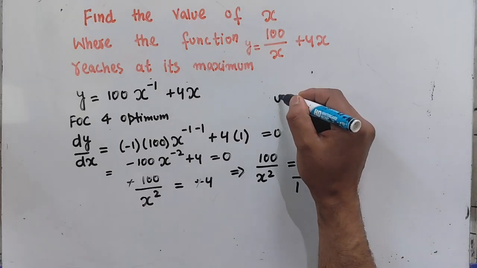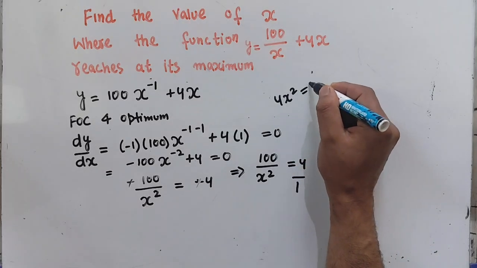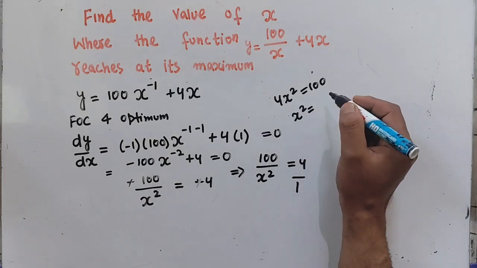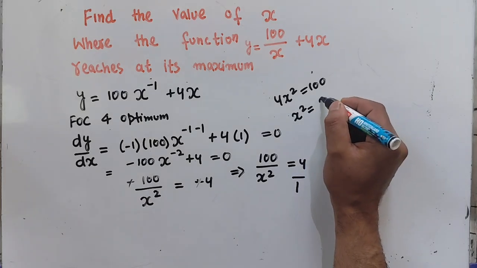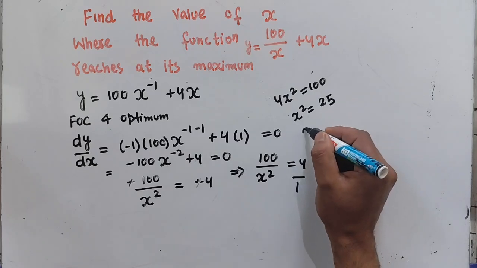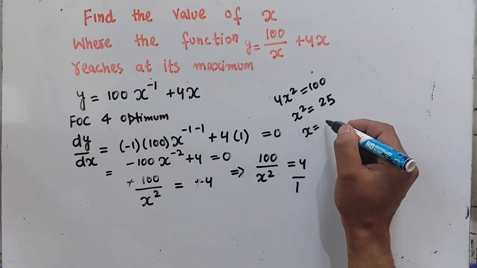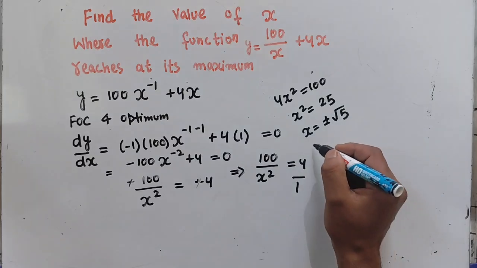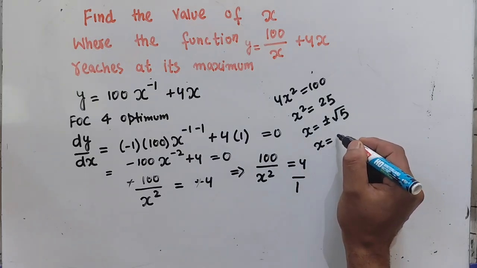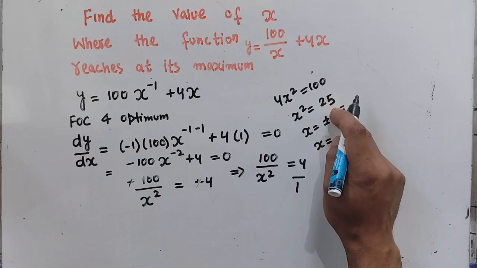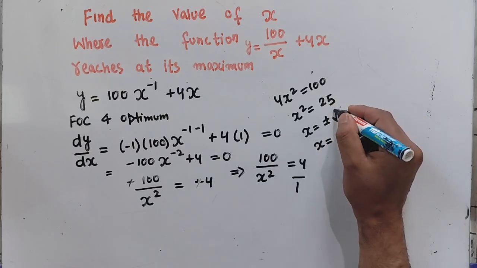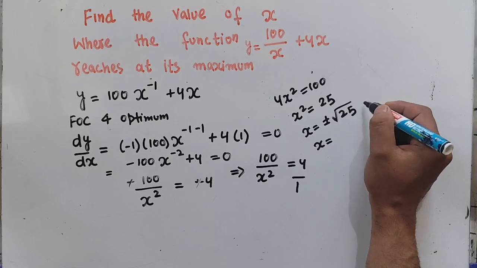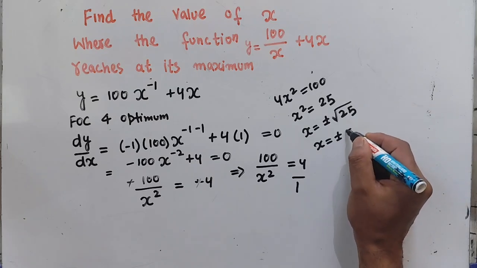That gives us 4x square is equal to 100, dividing both sides by 4, x square will be equal to 25, so x will be equal to plus minus the square root of 25, which is equal to 5 simply. So we will get x is equal to plus minus 5.